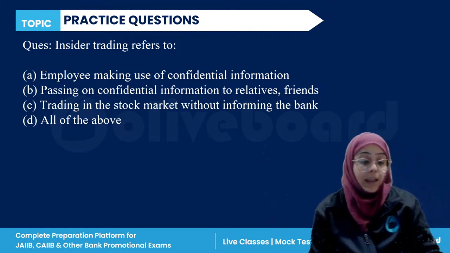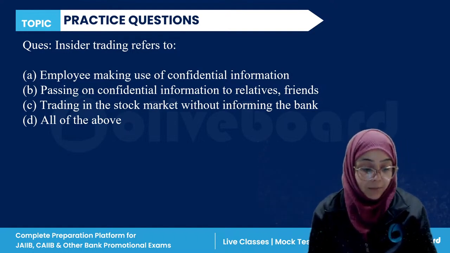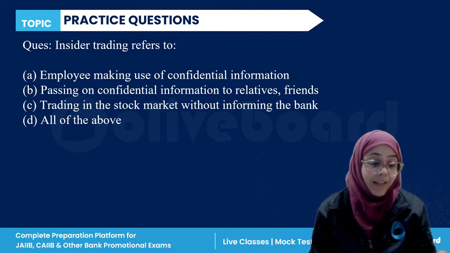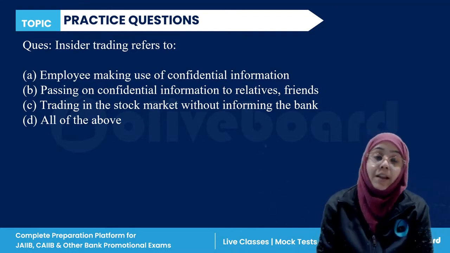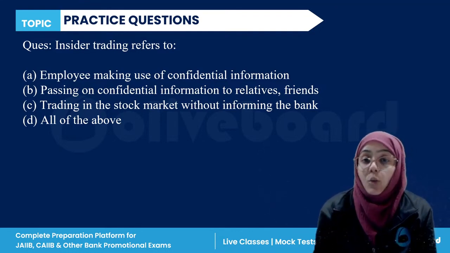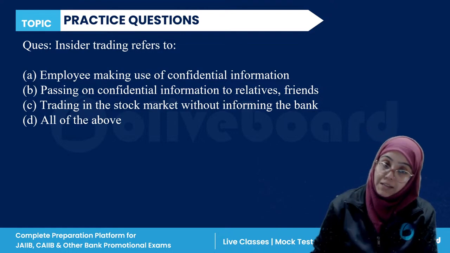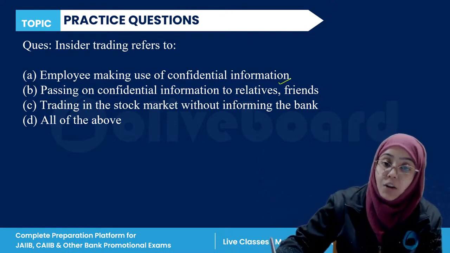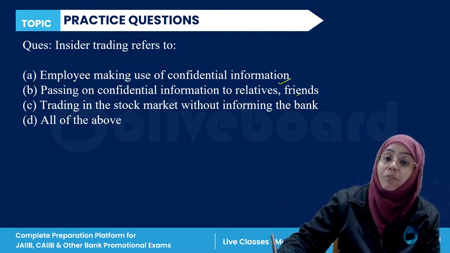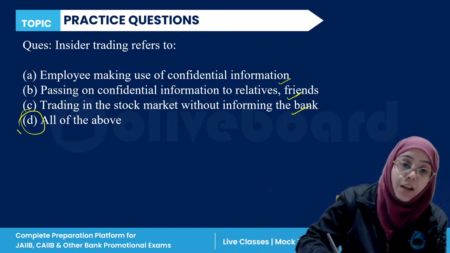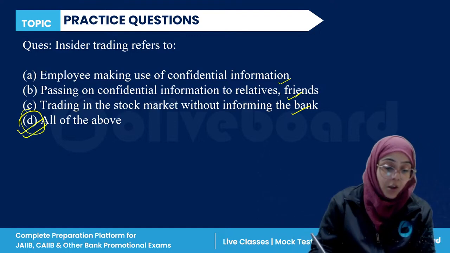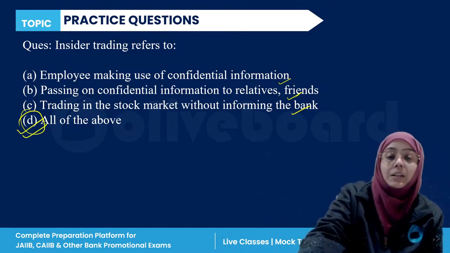So, insider trading is an employee making use of confidential information, and this confidential information is passed to relatives and friends, then they trade in the stock market without informing the bank. So all of the above is the correct answer.